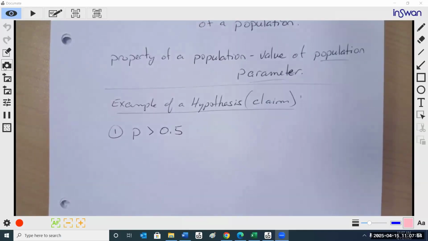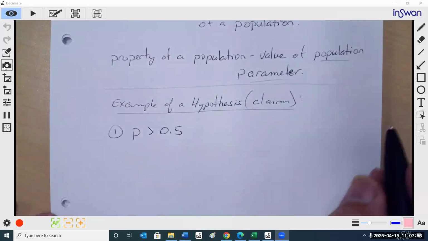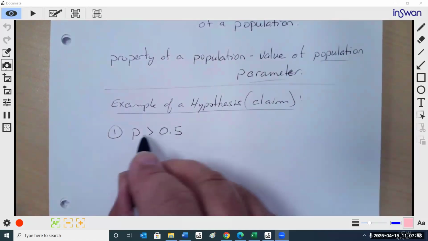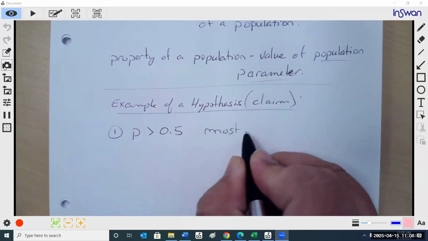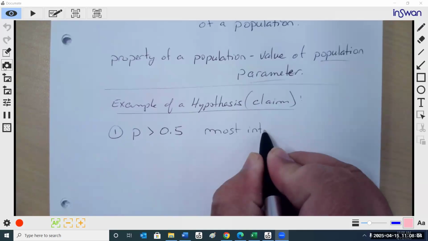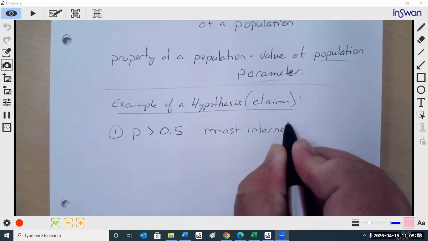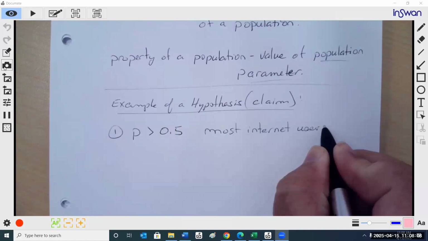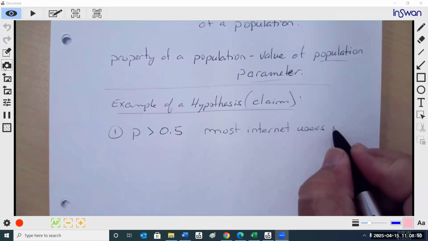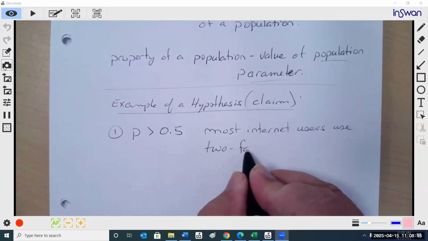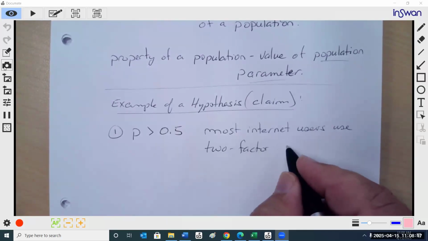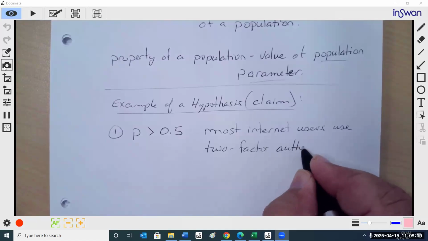We'll just call it a population parameter. So with this, most internet users use two-factor authentication.